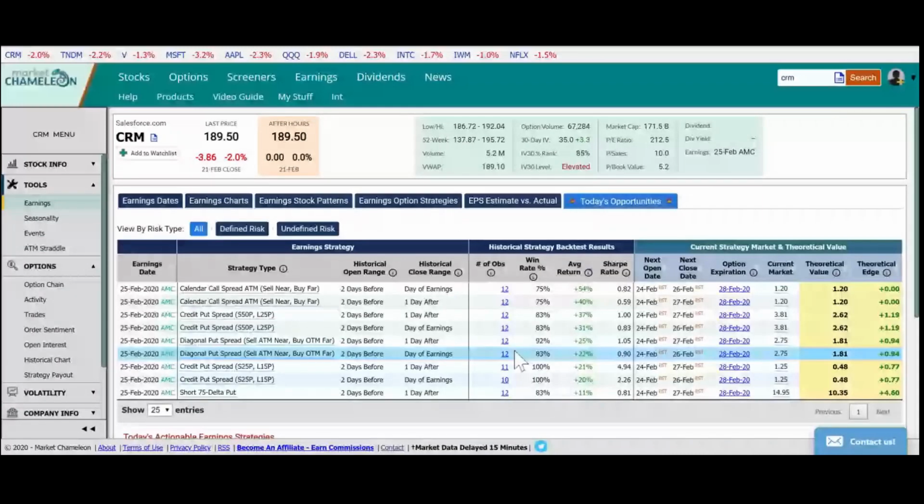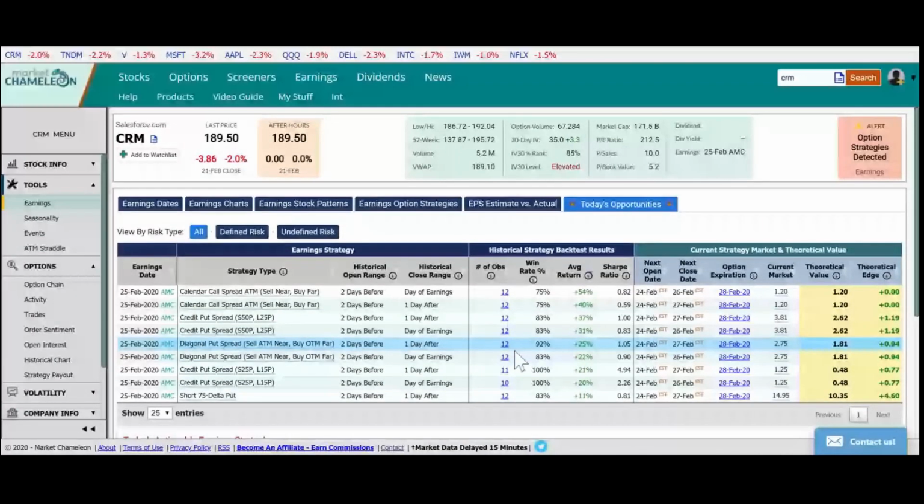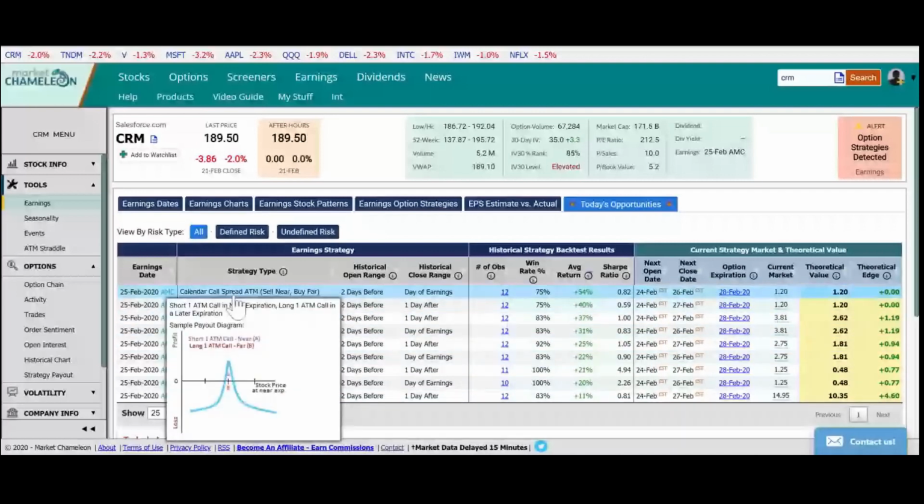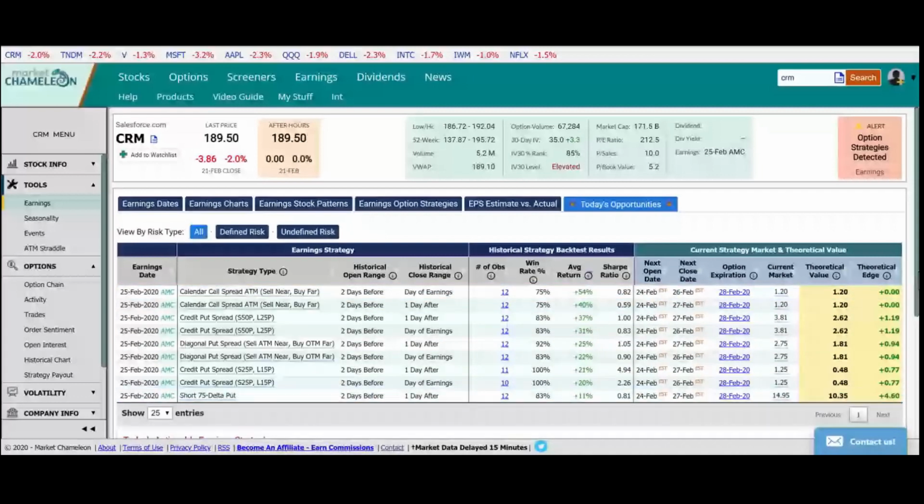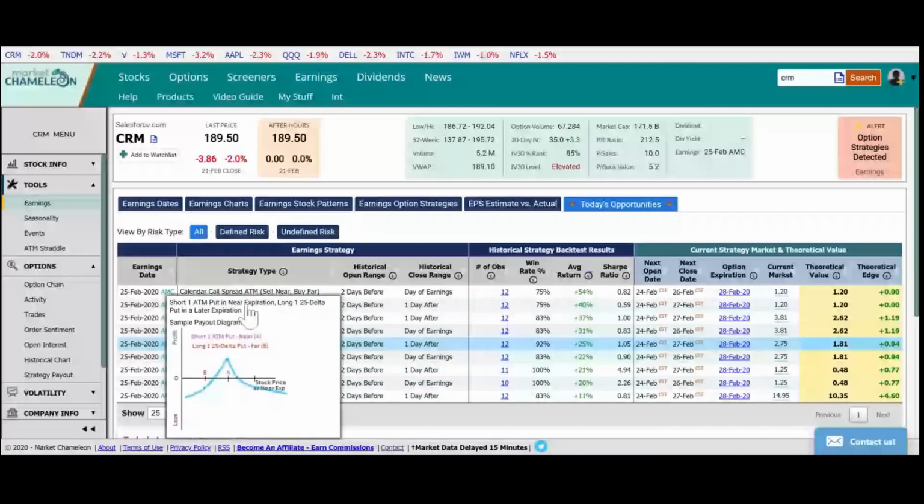This one popped up. So here, we did pop up a few suggestions over here, like a call spread. These are based on back tests and where the markets are right now. So I'll just give you an example here. Like here's a calendar spread selling.